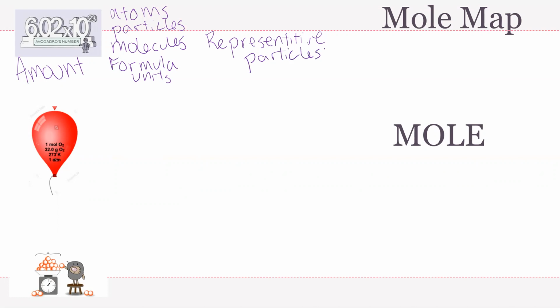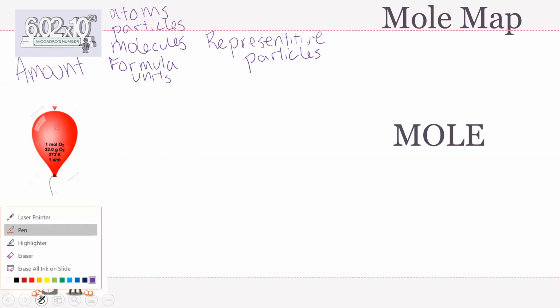As I stated, you can really count a mole of anything. You can count a mole of pennies, a mole of donuts, whatever it may be. It just represents a very specific value of something.